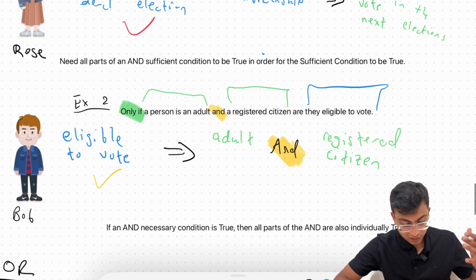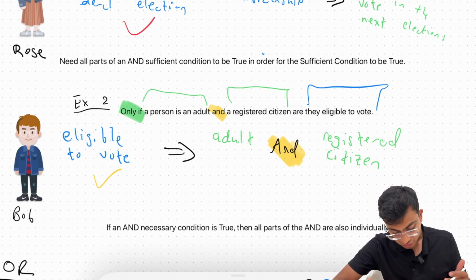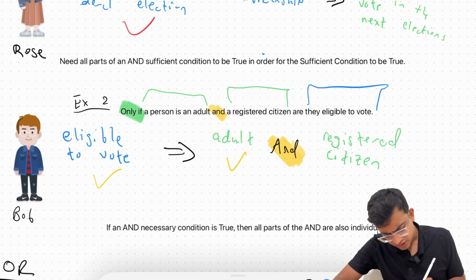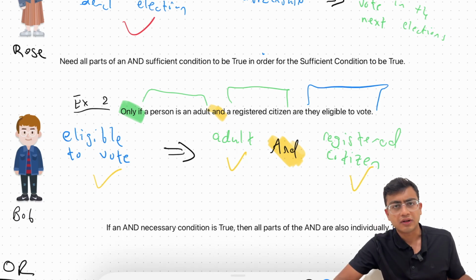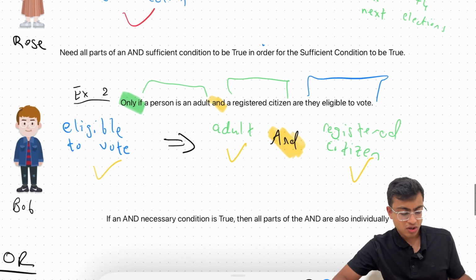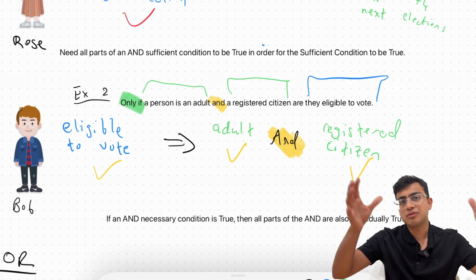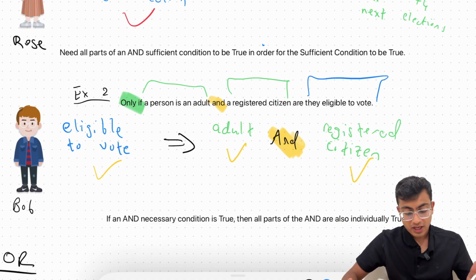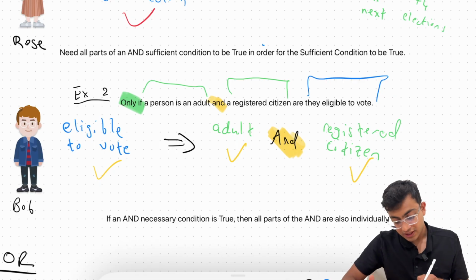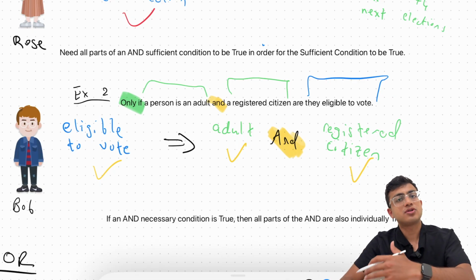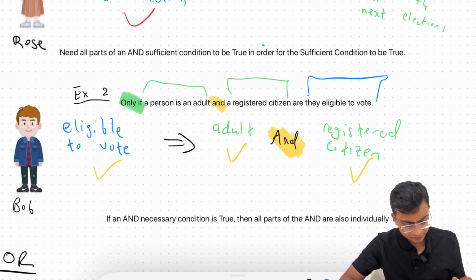So you not only know that the necessary condition is true, you know that all parts are individually true as well, because the classic rule applies. Sufficient condition is true, the necessary condition is true. And when an and statement is true, individual parts of it must also be true.